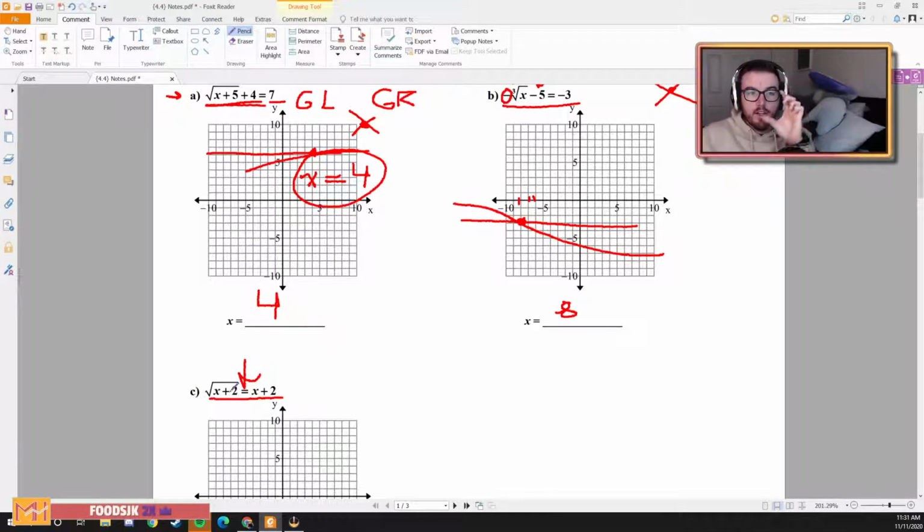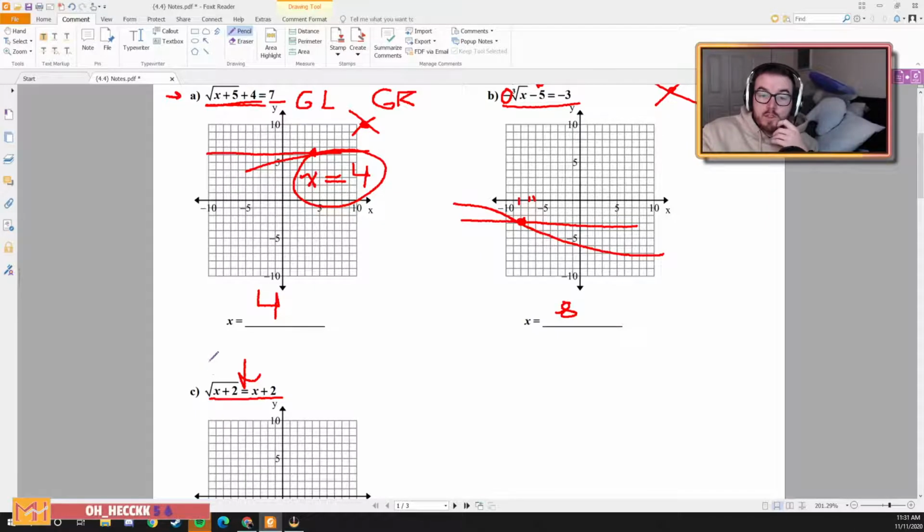Because this is a graph on the left and a graph on the right, those are 2 separate functions, and we want to know when are they equal. Well, to be equal in a visual sense means that they're intersecting. That's something that they share. That's a spot on their graph where they are identical, or in other words, equal. For a graph to equal a graph, visually speaking, that's an intersection. That's why we're looking for the intersection.